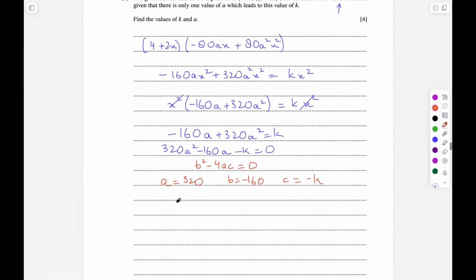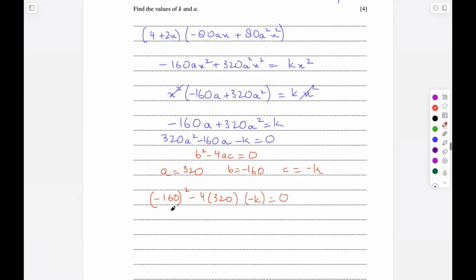Now substituting this into b squared - 4ac, this will be (-160) squared - 4 times 320 times (-k) = 0. We can rearrange this to write it as 160 squared equals 4 times 320k.